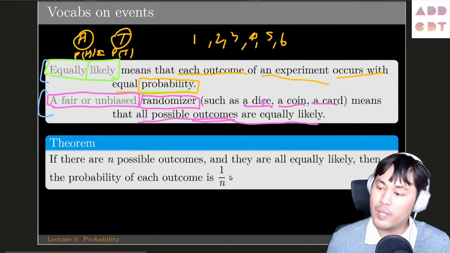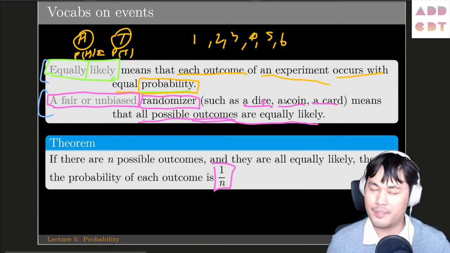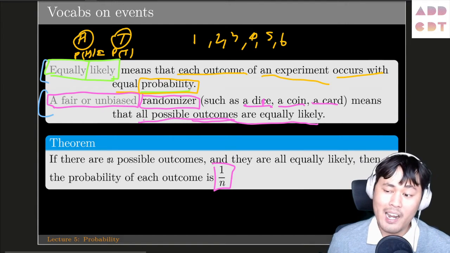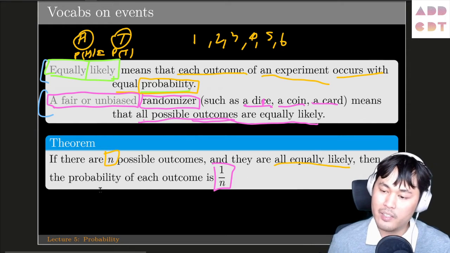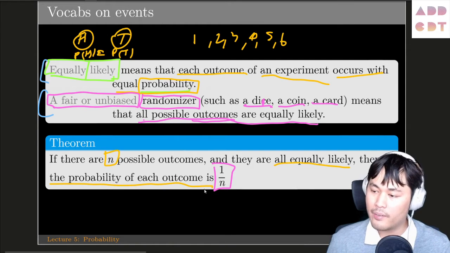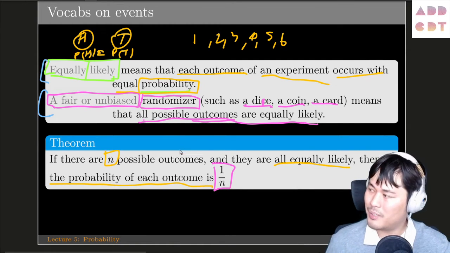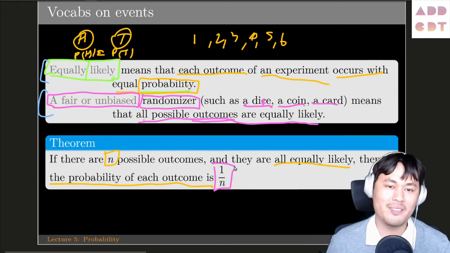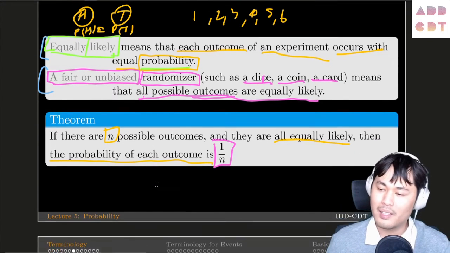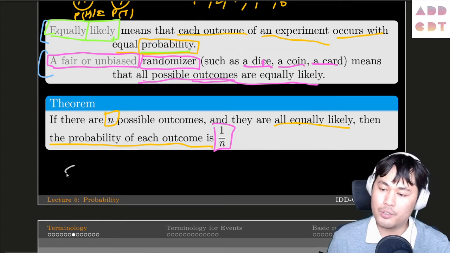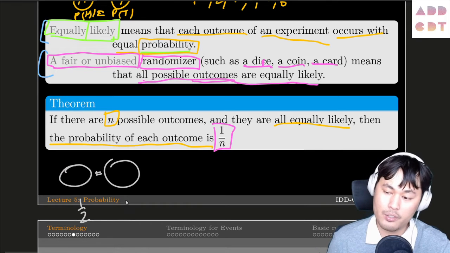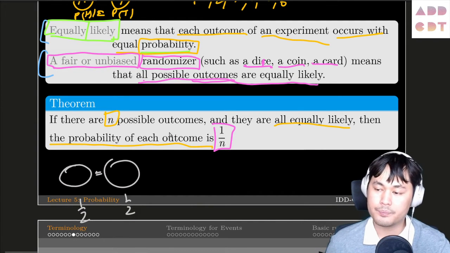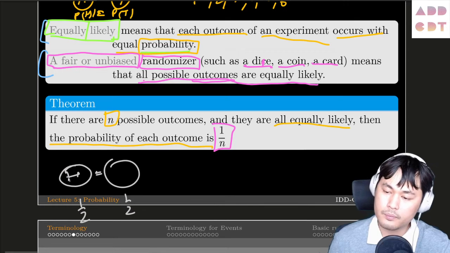And now we are ready to give, let's say, a first theorem. If there are n possible outcomes and they are all equally likely, then the probability of each outcome is 1 over n. And this is the, let's say, what's the word? Everyday person would understand this theorem. If there are 2 sides of the coin, each side should have about 1 over 2, or 1/2, chance to occur, to happen.